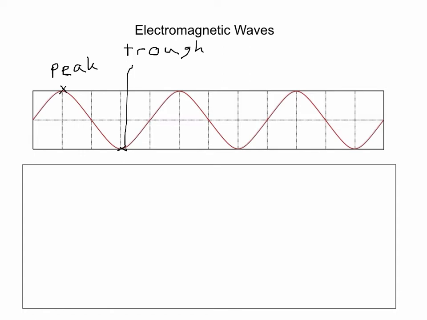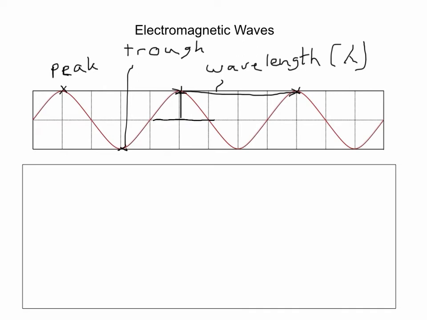If we measure the distance between the peaks, this is known as the wavelength, and is usually denoted by the Greek letter lambda. If we measure the distance between the middle of the wave and the peak, we get the amplitude.